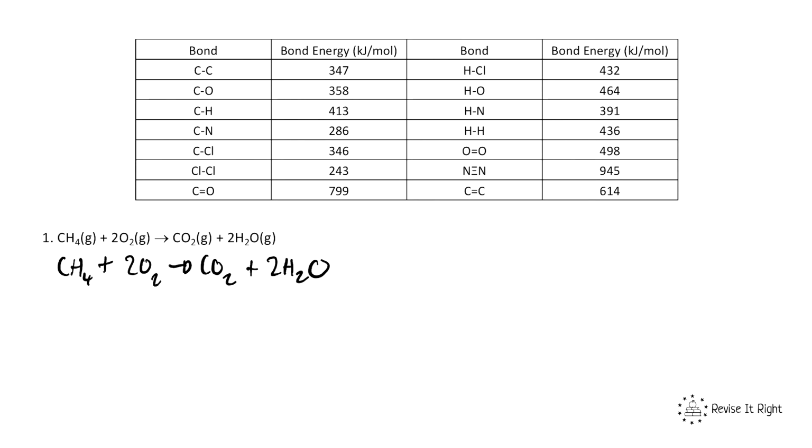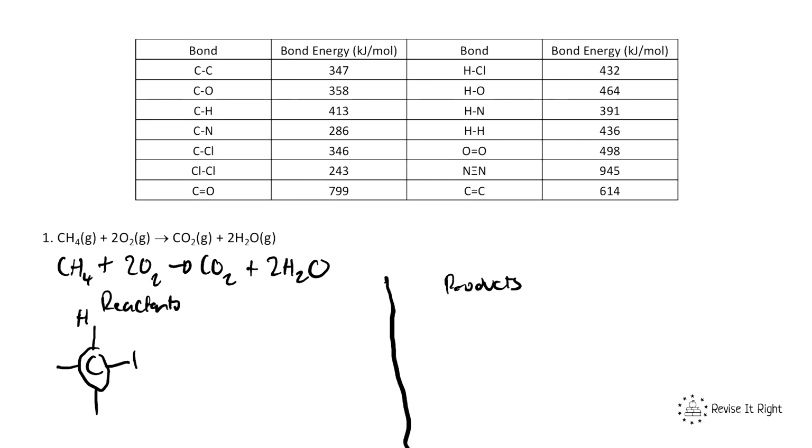Then in step 2, remember, we've got to draw each of our bonds. We're going to put the reactants on the left and the products on the right to make it easy to follow. So we've got CH4, so 1 carbon bonded to 4 hydrogens.